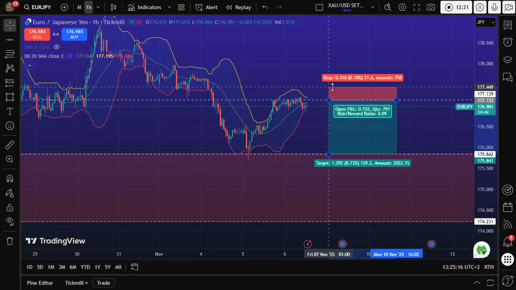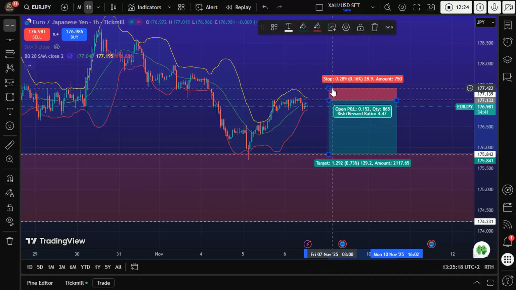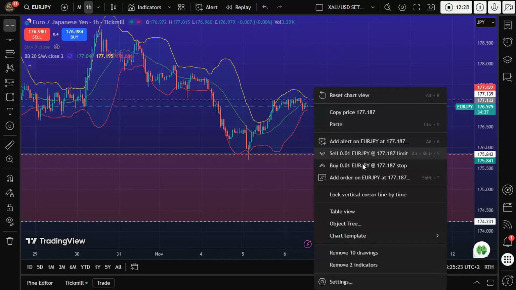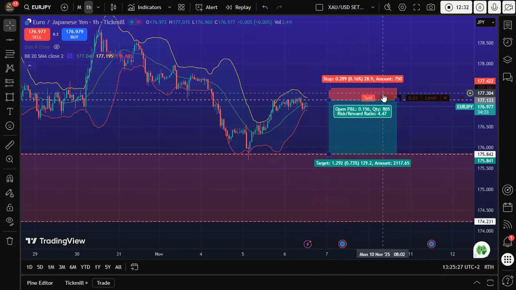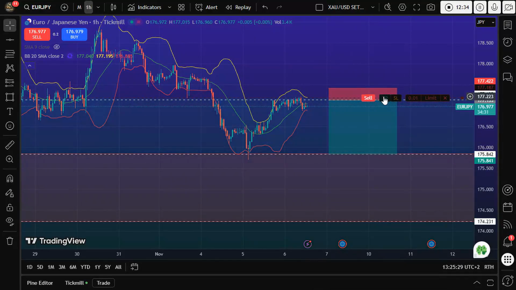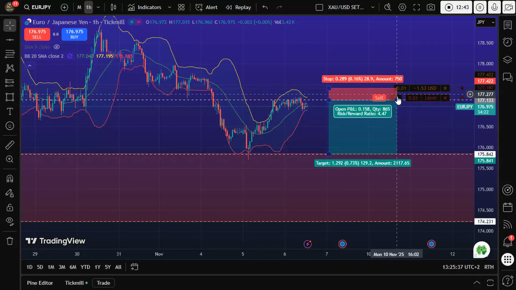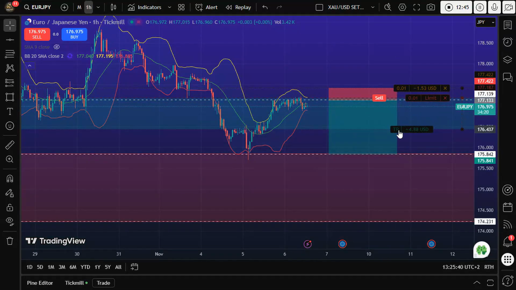I can even set my stop loss like this on top of the upper band. So let me do this. So this should be my stop loss right here. And then my take profit should be around here.